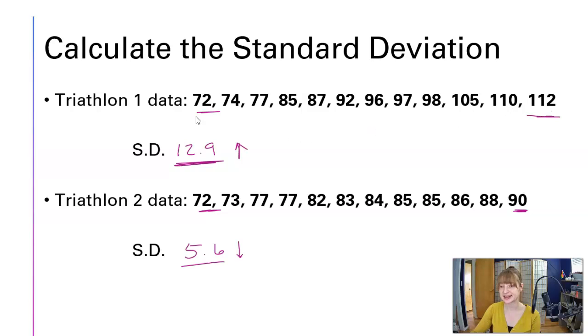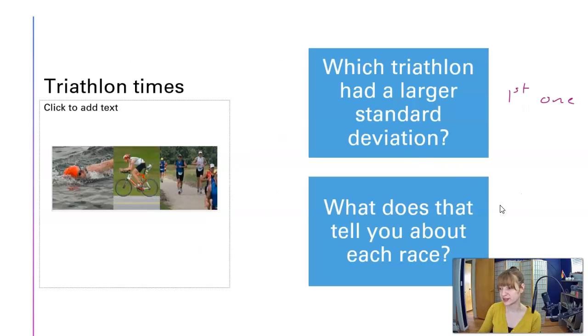So maybe it would make sense to say that this one was a harder course, so that the people who hadn't trained quite as hard or weren't quite as fit or had trouble with certain parts of the course, that didn't have as big an effect on this one, probably because there wasn't as much challenge to it. So maybe the first one was harder, it was a more difficult course.